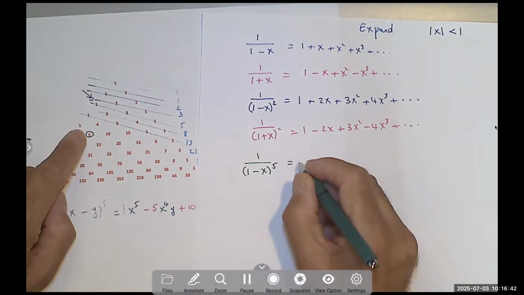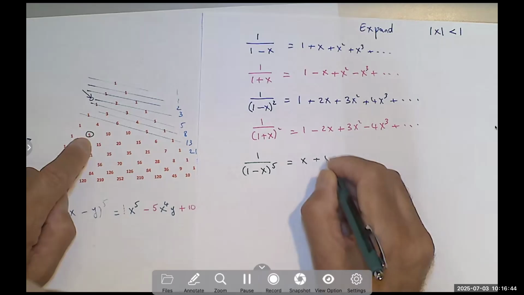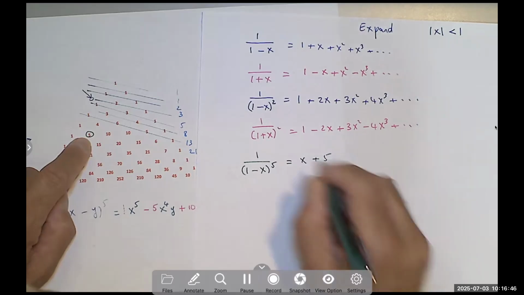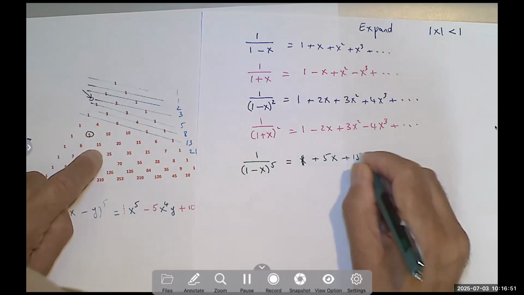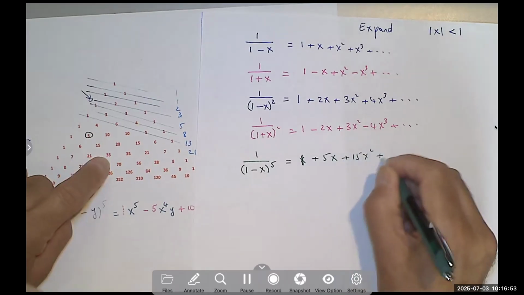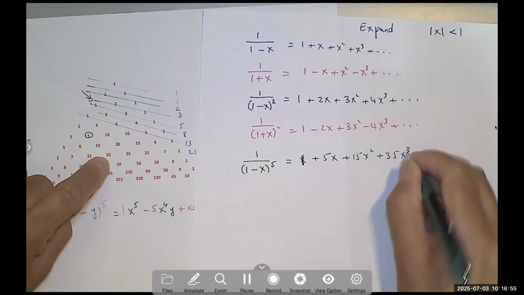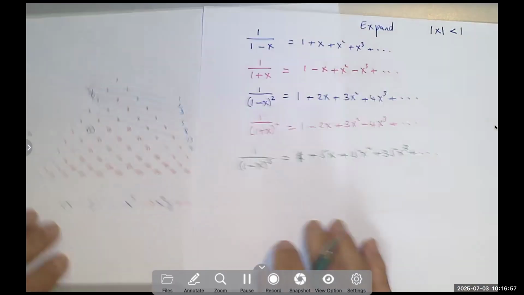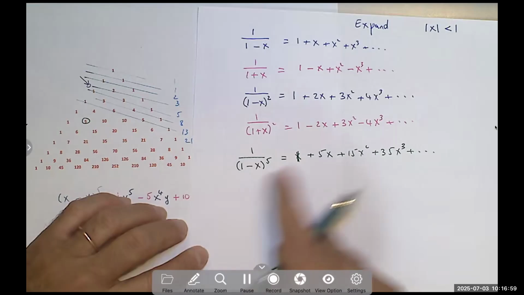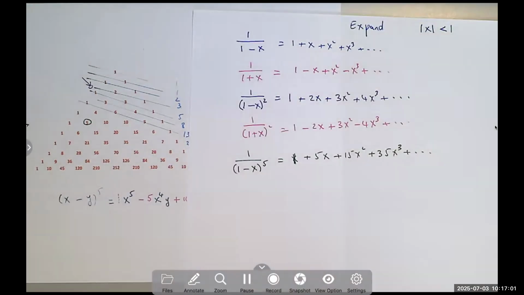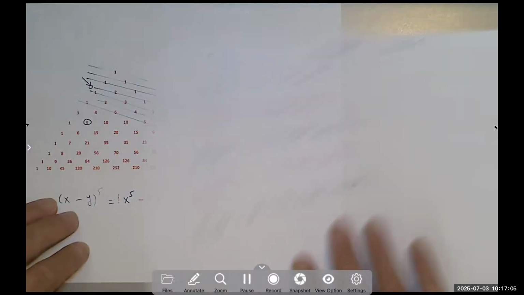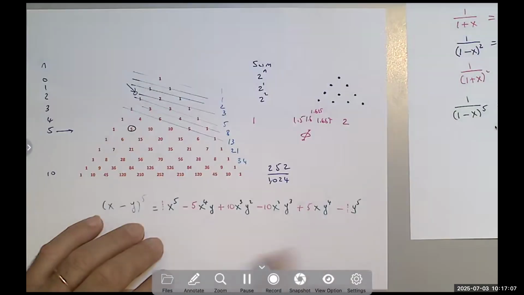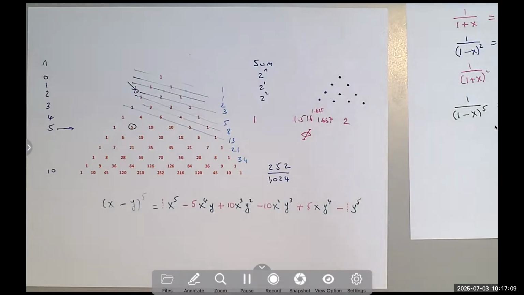So it's 1 plus 5x plus 15x squared plus 35x cubed plus 70x to the fourth plus, to infinity. And if it's positive, then you alternate the signs. Okay, so that's another indirect application of Pascal's triangle.